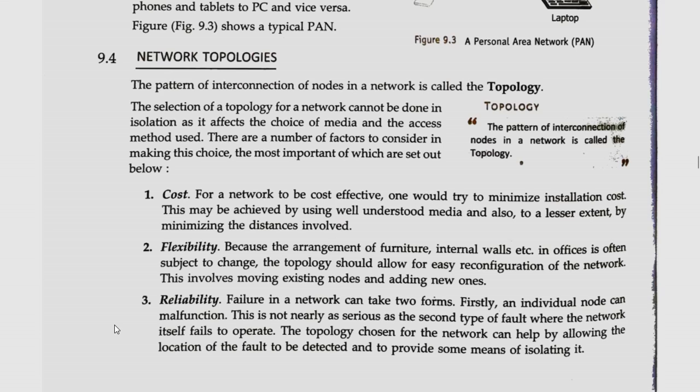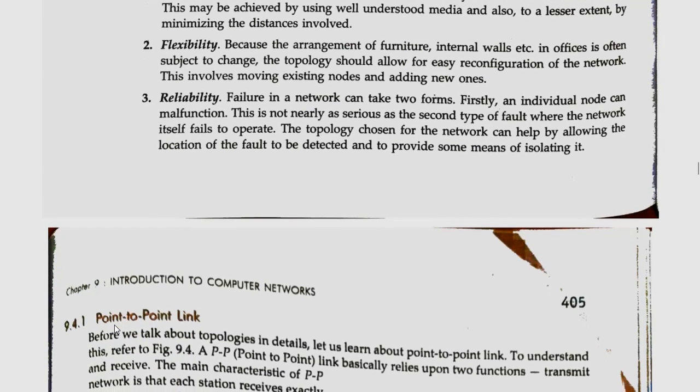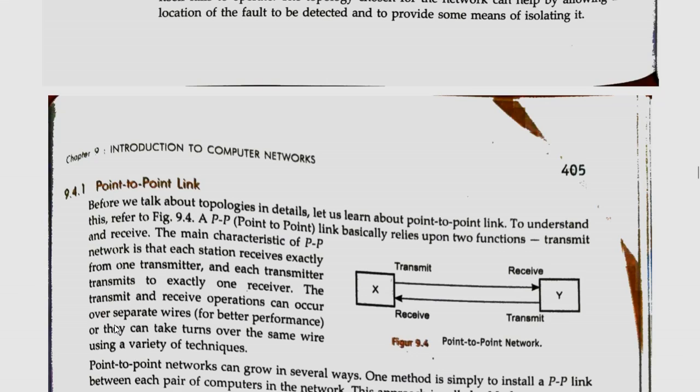Now the next thing is the different types of networking which we can have. The first thing is the point to point link. By the name itself you can understand that point to point link means you are creating a link between 2 points. One point is there and the second point is there, and you are creating a network among those 2 points. That is a point to point network.